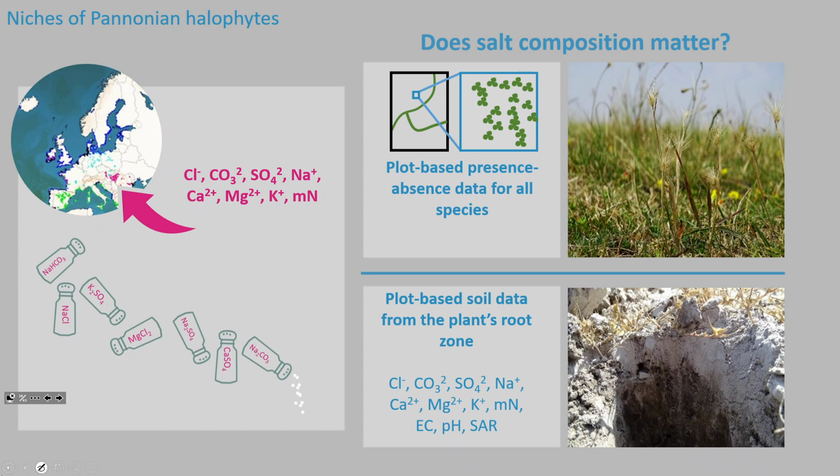So we went there 2 summers ago, actually, and collected a large data set. Again, we used plot-based data, but this time we didn't use abundance data, but we used presence-absence data for this very purpose.